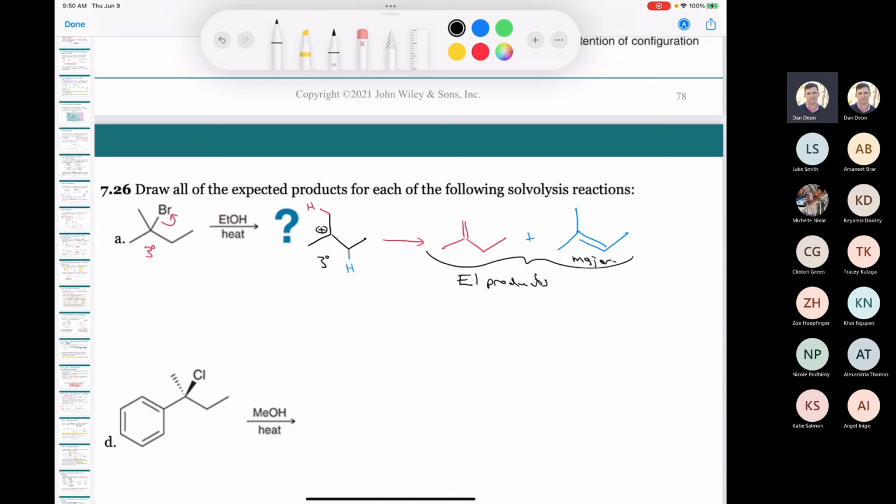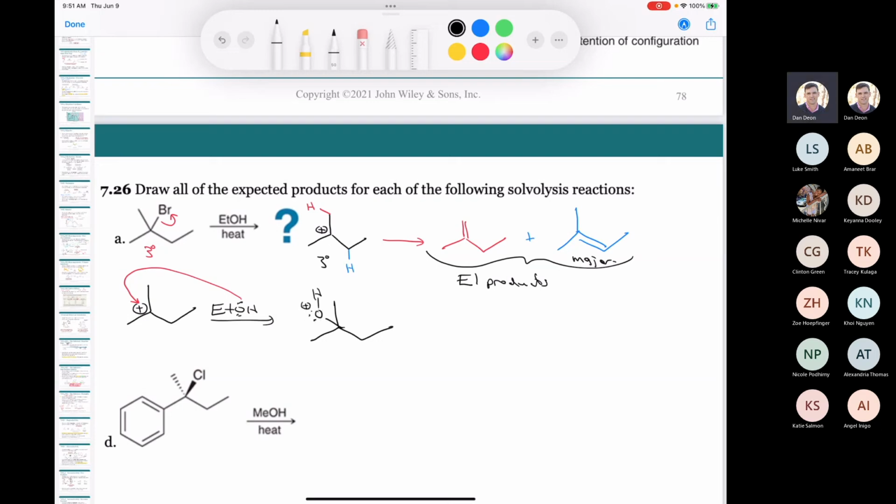Okay, so what does the SN1 product look like? Well, we have our same old tertiary carbocation, like this. Our ethanol comes in, does a nucleophilic attack. So we have our nucleophilic attack like this. We form an oxonium ion that looks like this.